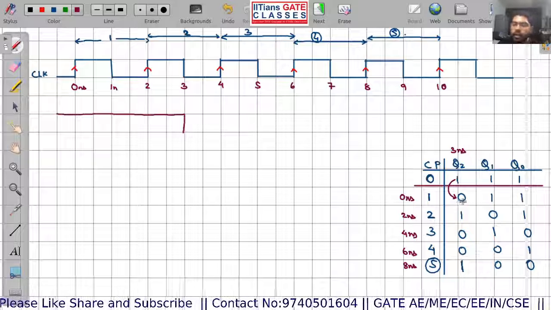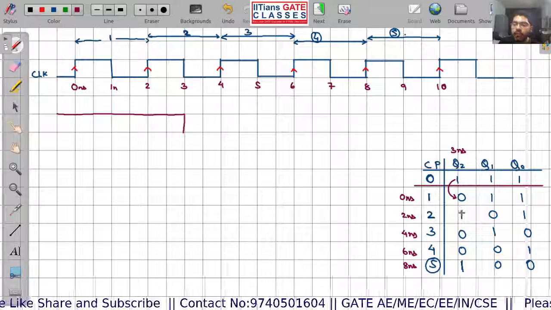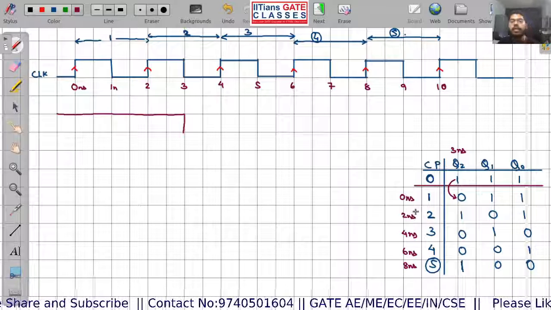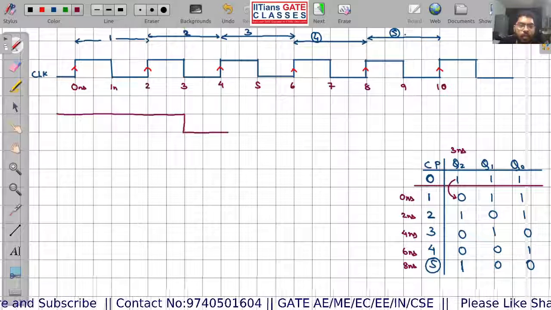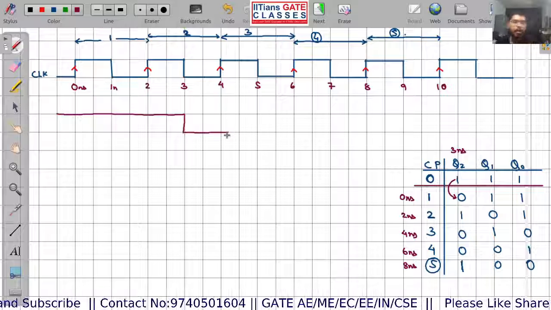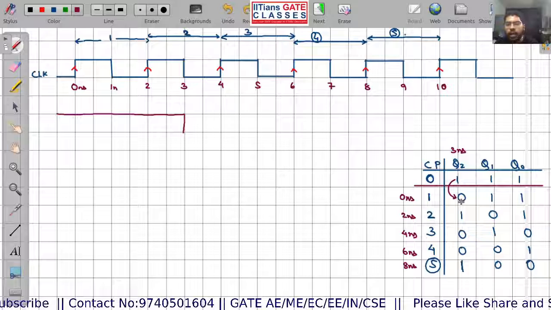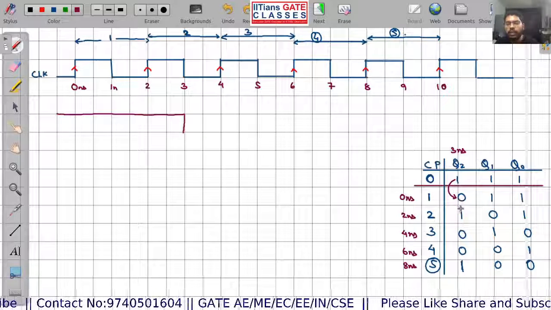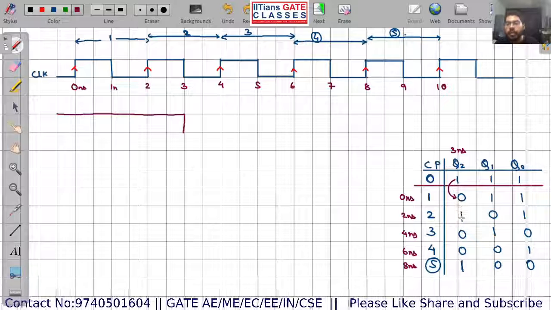Now you can see this 0 would change to 1 at 2 nanoseconds, but here we have a delay of 3 nanoseconds. So what will happen? This 0 will be held up to which point? This would have been 0 till 2 nanoseconds. You can check here, at 2 nanoseconds it would have become 1.